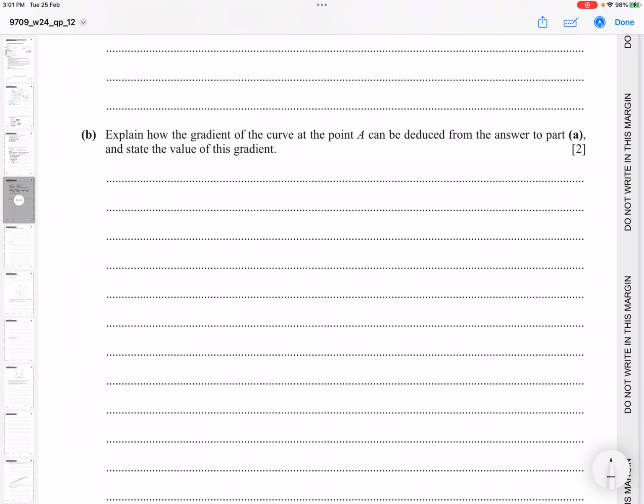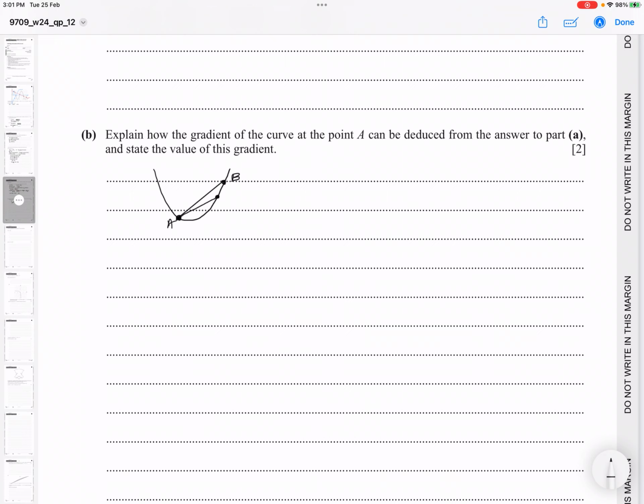Explain how the gradient at the point A can be deduced from the answer to part A and state the value of this gradient. Okay, if I make a small diagram for this, suppose my A is here and my B is here. If I join them, this line is called the secant.